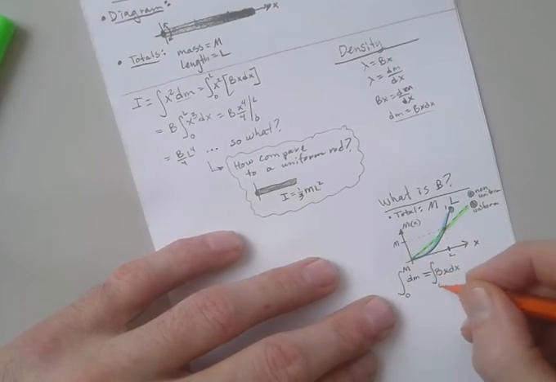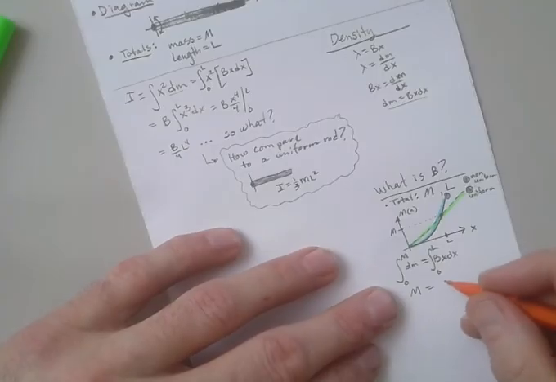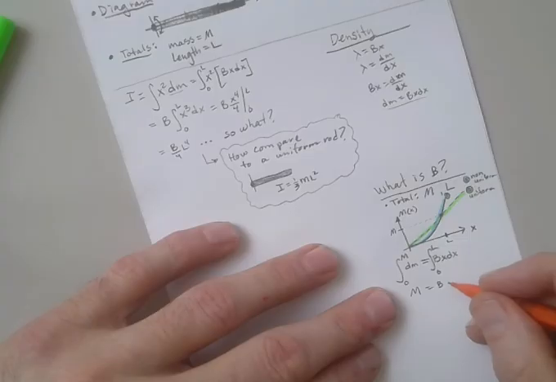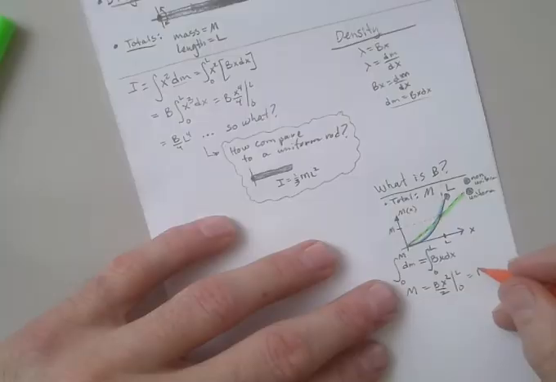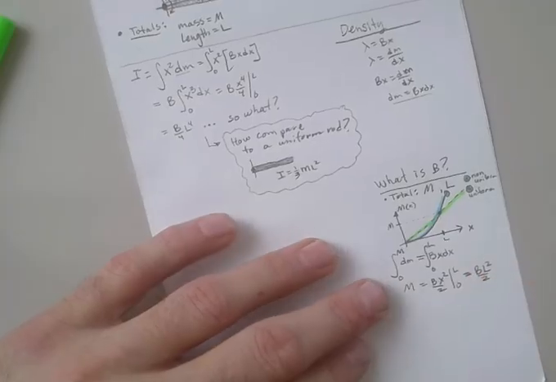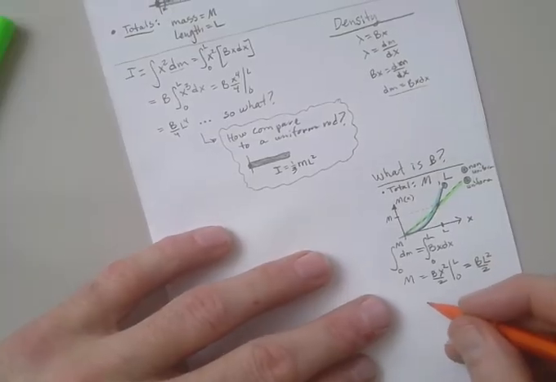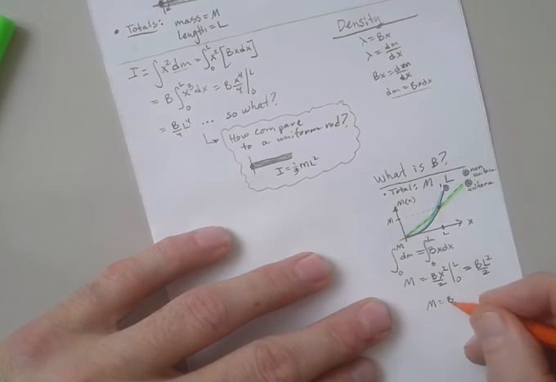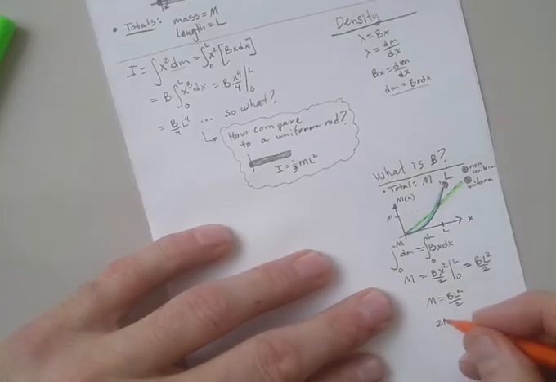We're going to integrate this thing from 0 to the whole length. This would just give me m on the left-hand side. Over here I get bx squared over 2, from 0 to L, which is just going to be bL squared over 2. Okay, so I have this. If I want to get what my b is equal to, it's going to be 2m over L squared equals b.